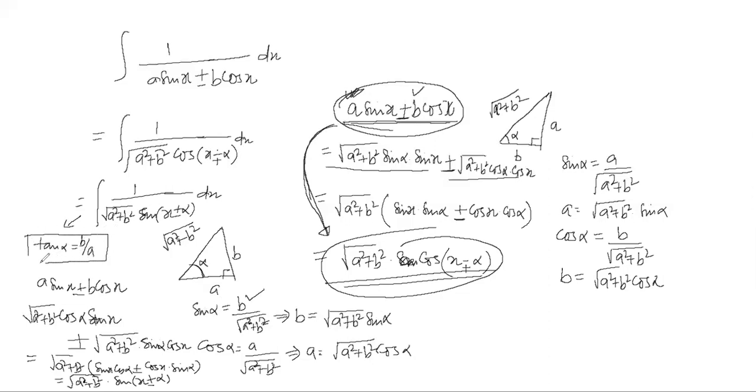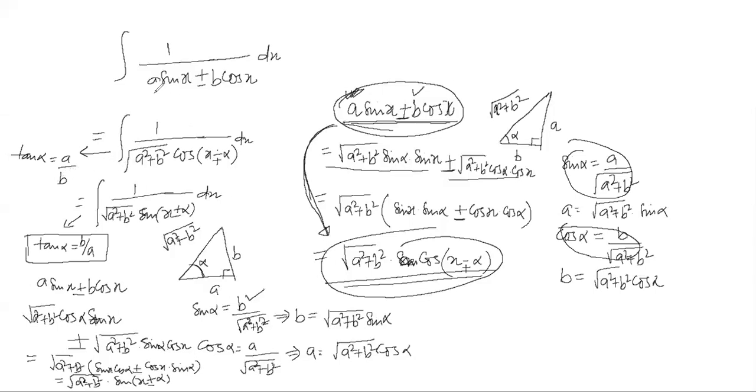For the cos case, tan alpha equals sin alpha upon cos alpha, that is equal to a upon b. Got it?